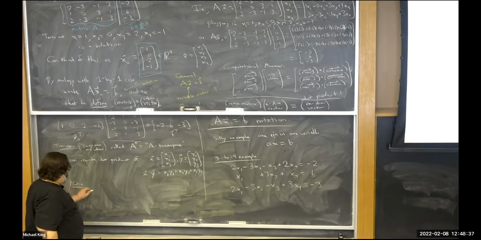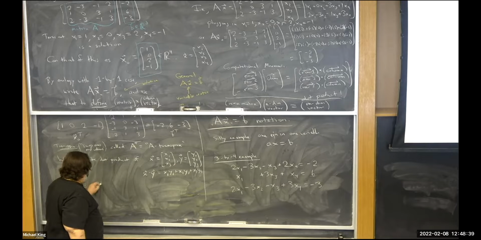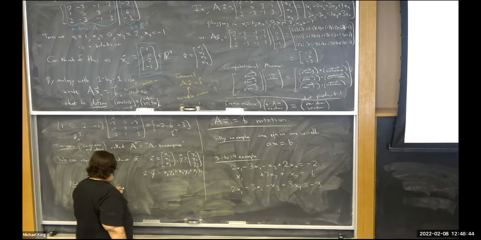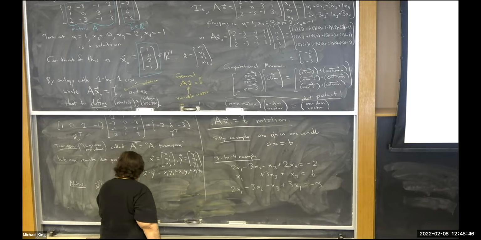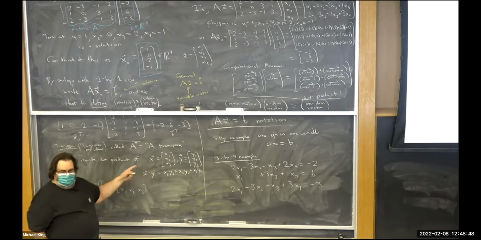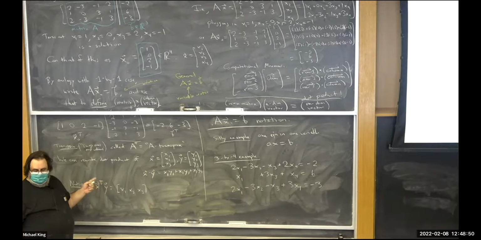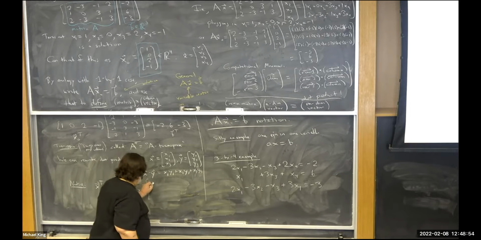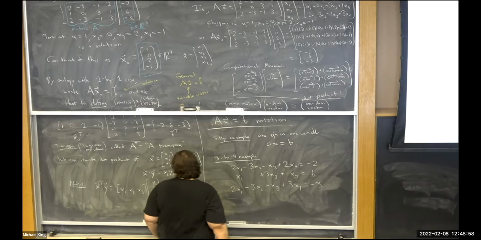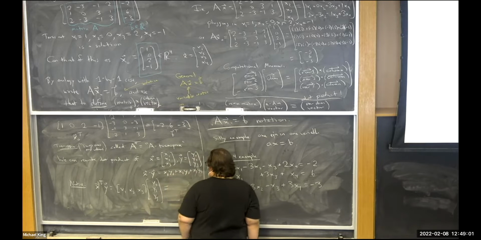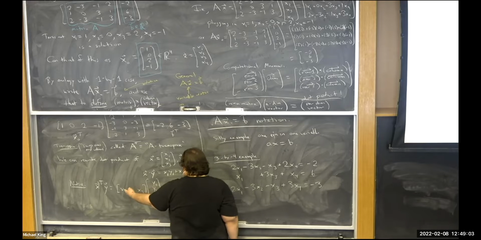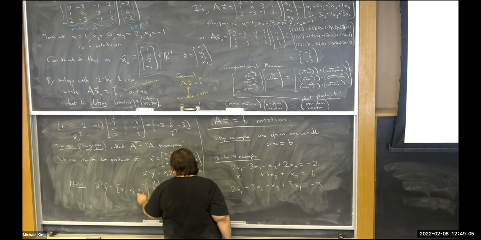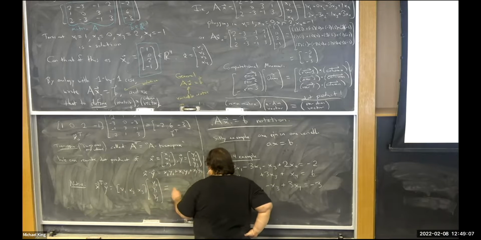So notice x transpose y is like this. We tend to think of vectors as column vectors, and if we want to write a row vector, we write column vector transpose. And that really is, by definition, what we just said, right? We do x1 times y1 plus x2 times y2 plus x3 times y3. And that is x dot y.